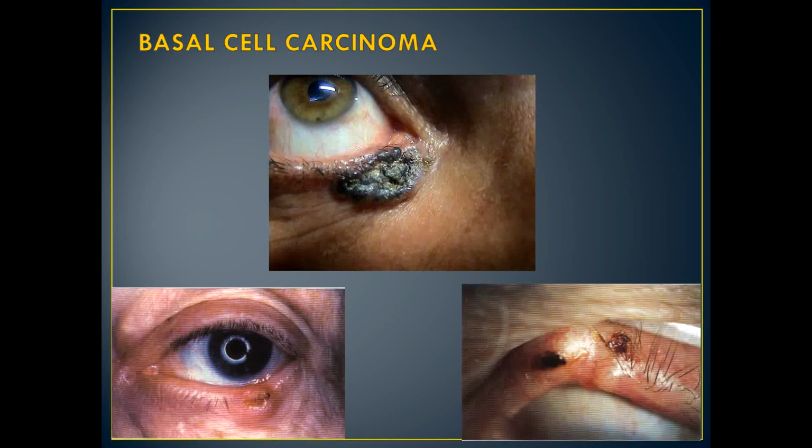In this picture you can see blackish swelling involving the lower margin of right eye of the patient. It can be benign or malignant, but the one showing in the picture is a typical example of basal cell carcinoma, that is malignant tumor of lid.